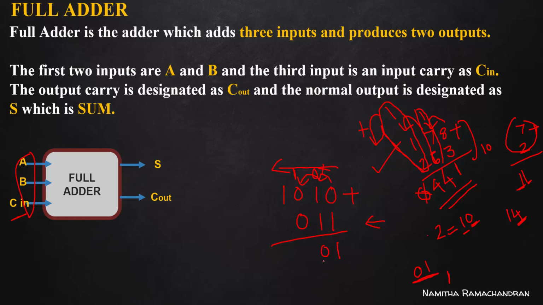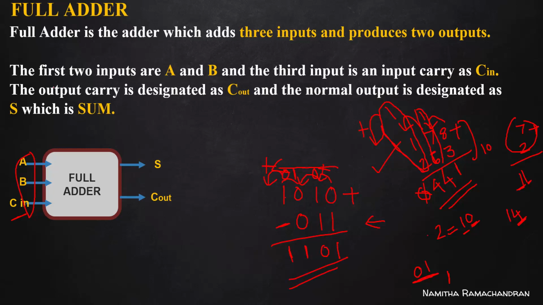In this case write the 1 here and pass this 0 as a carry into the next level. Then add 0 plus 1. Here the other bit is blank, so 0 plus 1 is 1. It will not generate any carry to the next level. So this is our final result.